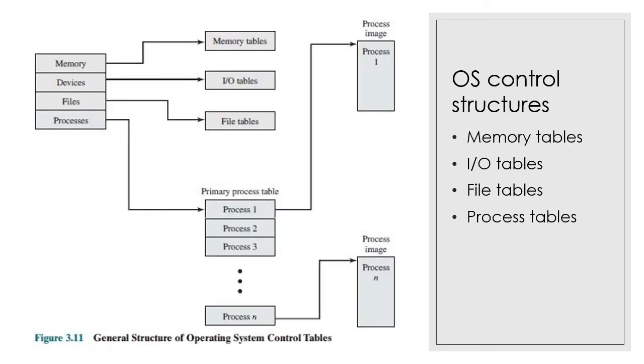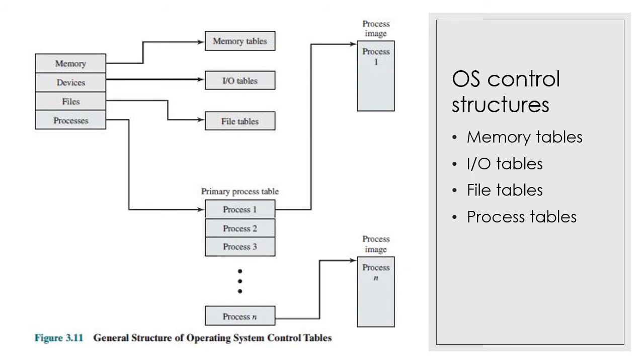Going back to operating system control structures, let us concentrate on processes only. There is a primary process table with one entry for each process. Each entry contains a pointer to the process image.